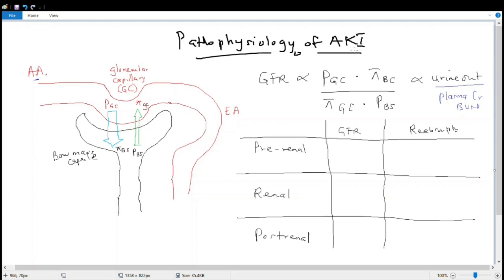Pathophysiology of AKI, acute kidney injury. Acute kidney injury is going to be defined as acute decrease in urine output, right? Anything that decreases urine output.